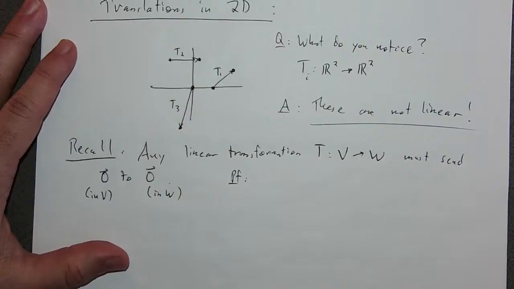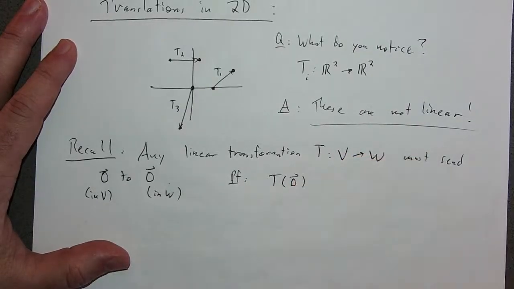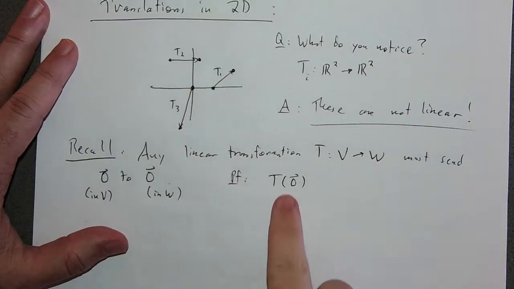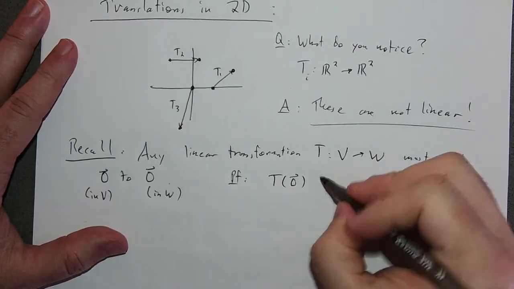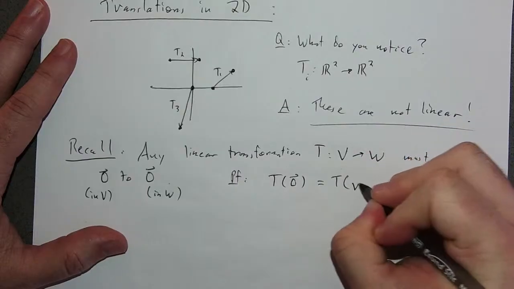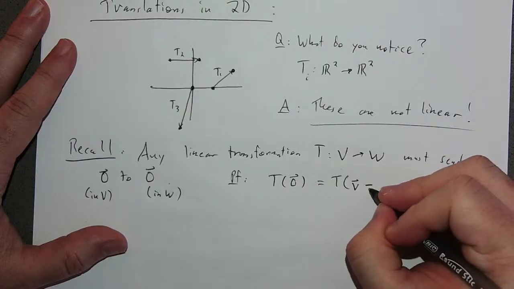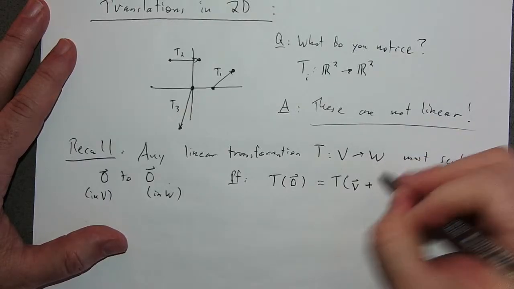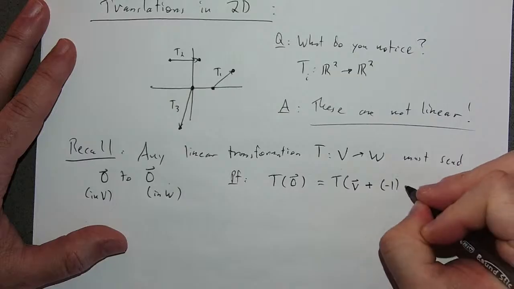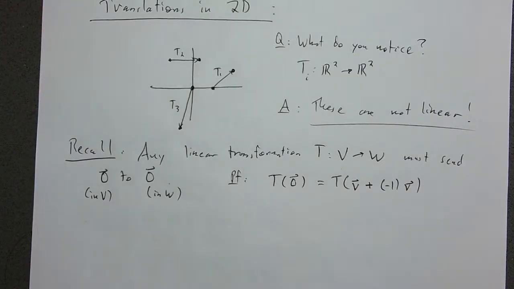Okay. Well, T of the 0 vector, that's really T of a vector V minus another vector V. And if you don't like minus, we'll say plus minus 1 times vector V. It doesn't matter what the vector V is, right?